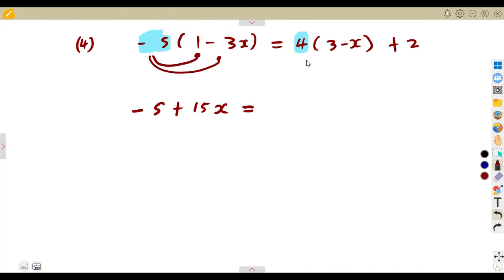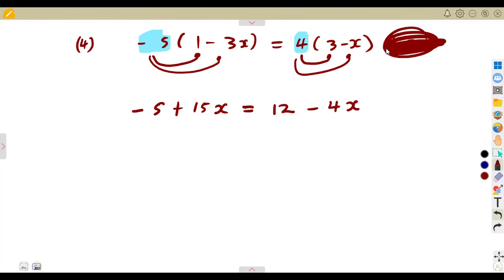This is equal to expanding by 4 the other bracket: 4 times 3, that is 12, and 4 times -1x, which is -4x. The 2 is just there to be added to the answer that you're obtaining here. It is not expanding anything.